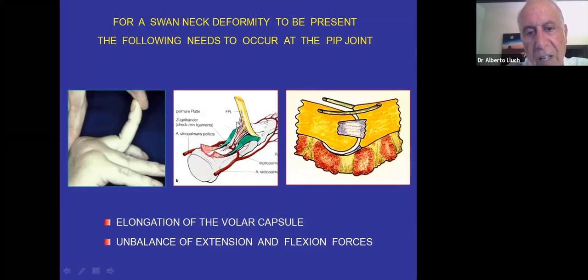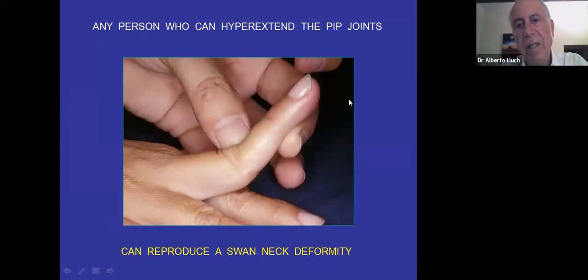In most cases the synovitis is right here, in touch with the volar plate. And the volar plate here, painted in green, will get elongated, and you can have a Swan neck deformity if the extensor tendons, pulled by the intrinsics, place more force of extension into the joint.